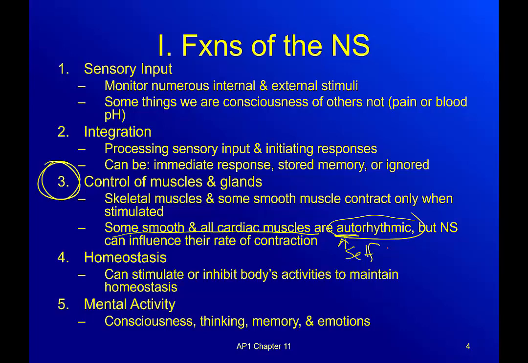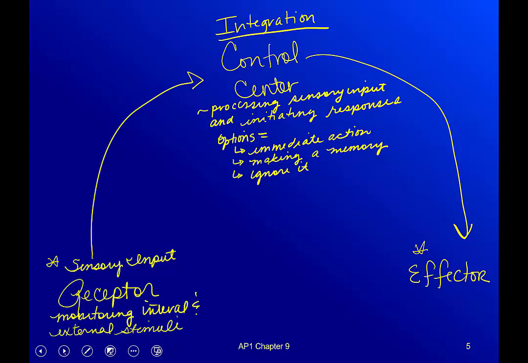So control of muscles and glands in this thing is over here at the effector. So this is control of muscles and glands. Okay? One of the things that we talked about when we talked about the reflex arc's parts in general was the control center can't go and do anything.